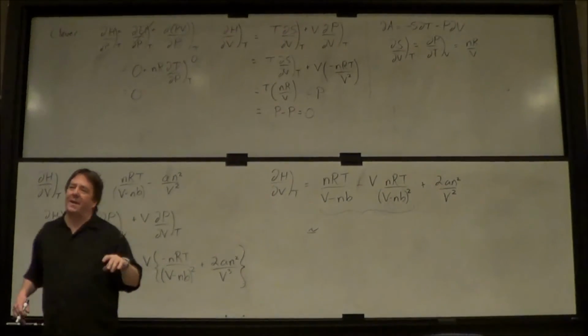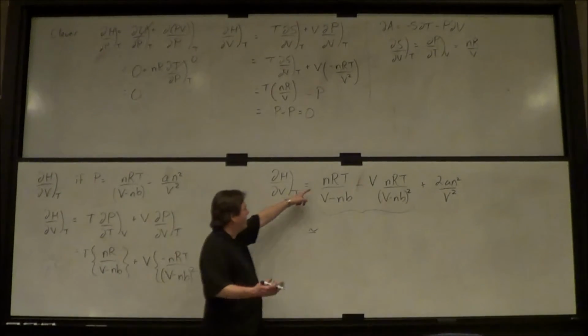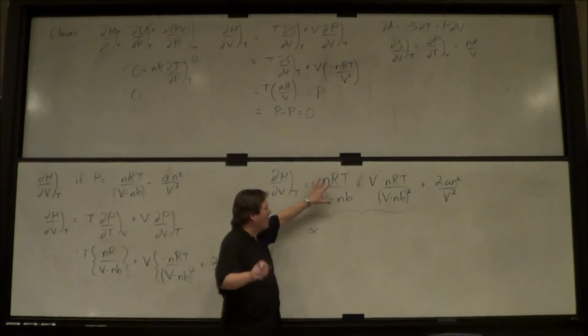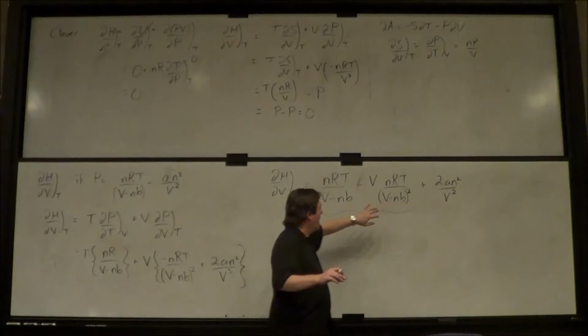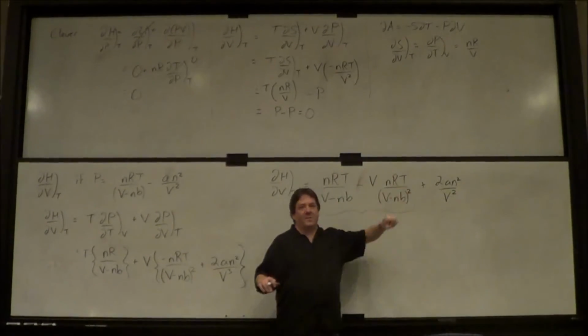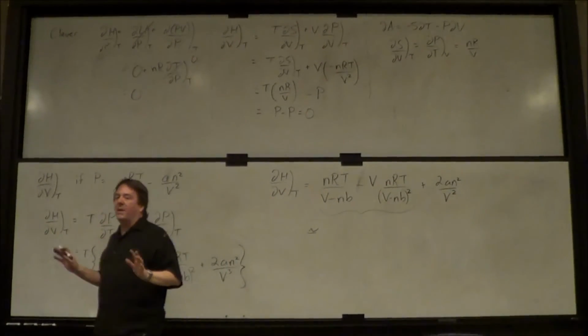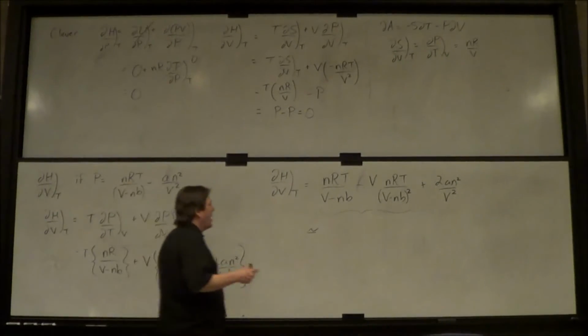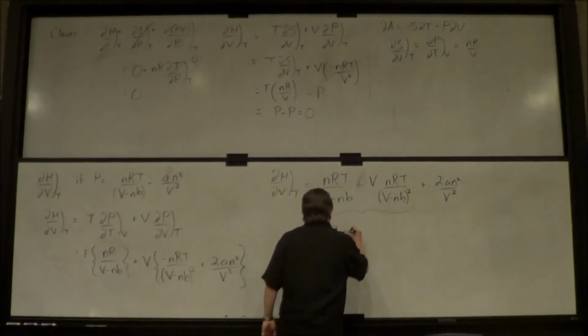Sorry, I'm talking too fast. Usually I don't work with the n version, I use the molar version. Anyway, this is not bad. I see that this is damn well close to 0. It's not quite 0, but it's very close. So approximately this is 2a n squared over V squared.